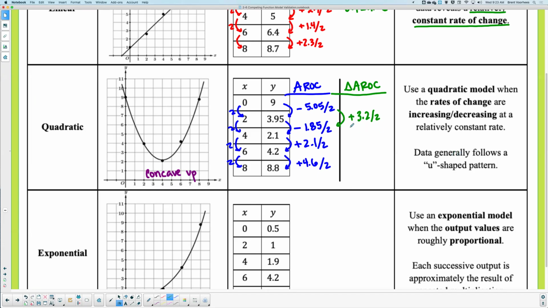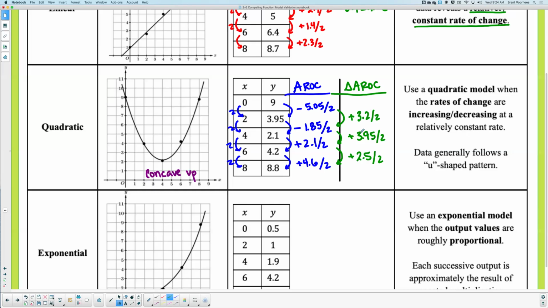I think that's an increase of 3.2 over 2. Okay, how about this time? From negative 1.8 to 2.1. That's an increase of 3.95 over 2. And then finally, the increase this time would be from 2.1 to 4.6. How much of an increase is that? 2.5 over 2. So you can see that the delta AROC, these are relatively close together.